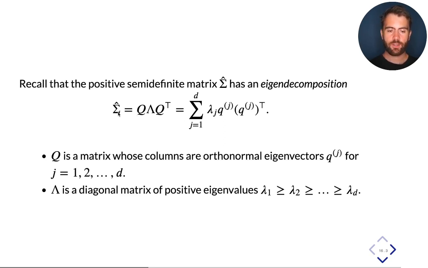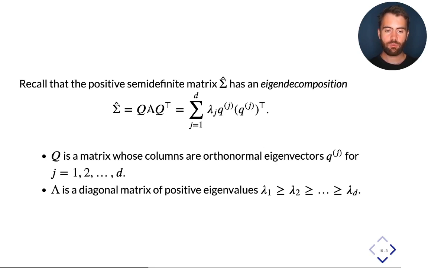We can write sigma hat as a multiplication of three matrices, Q, lambda, and Q transpose, where Q is a matrix whose columns are the orthonormal eigenvectors of this matrix, and lambda is a diagonal matrix with entries of 0 everywhere except on the diagonal, and the diagonal entries going from top to bottom are lambda 1, lambda 2, up to lambda d, and those are the eigenvalues.